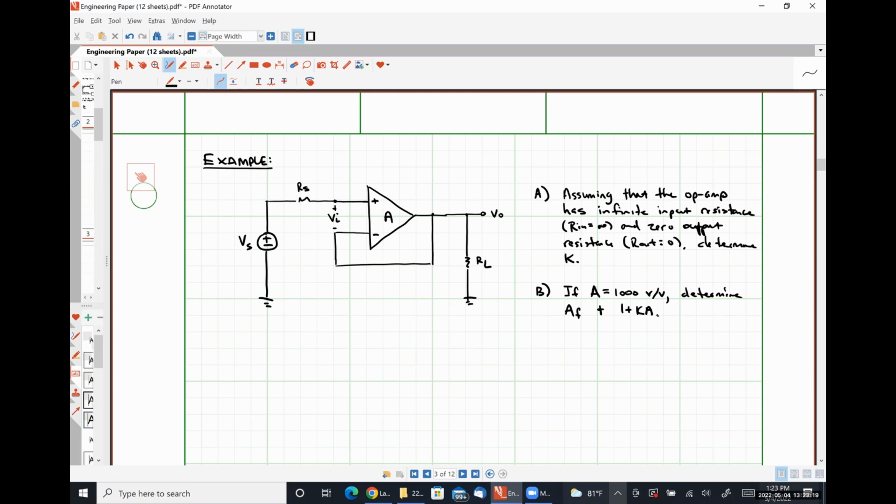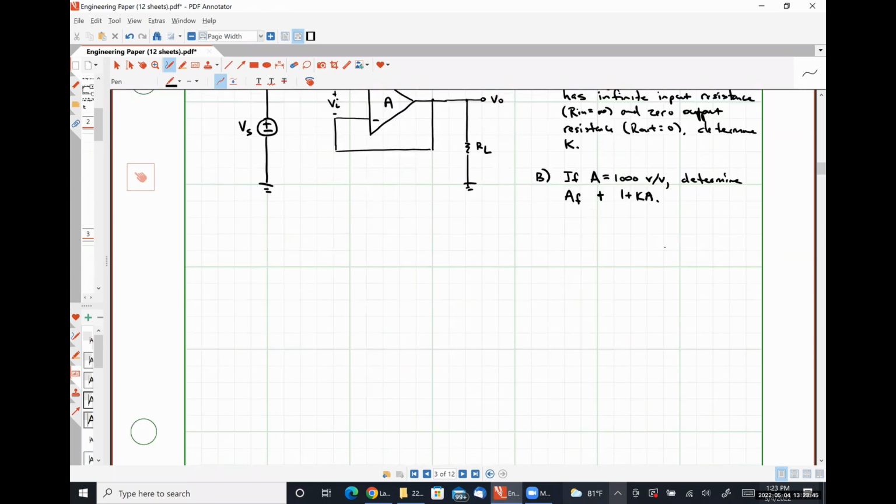And then it had a voltage controlled voltage source, which took the open loop gain A and multiplied it by the differential voltage, which in this case is VI. That source was then in series with the output resistance, which in this case will be a short circuit.